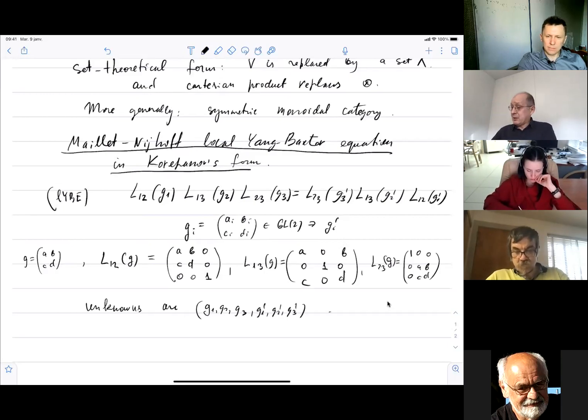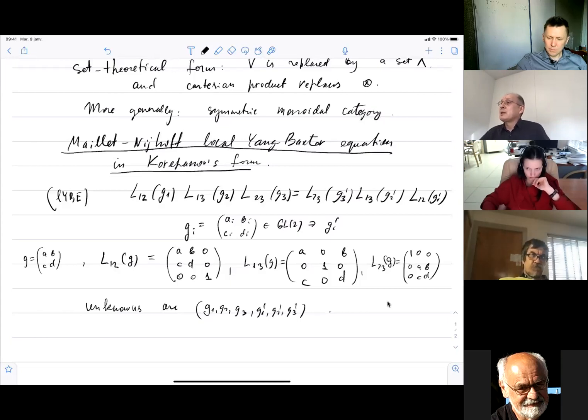And so we just multiply matrices and equate. So we have nine scalar equations on how many variables? 4 times 6, so 24 variables. So we have a considerably smaller number of equations, so we have plenty of free degrees of freedom.